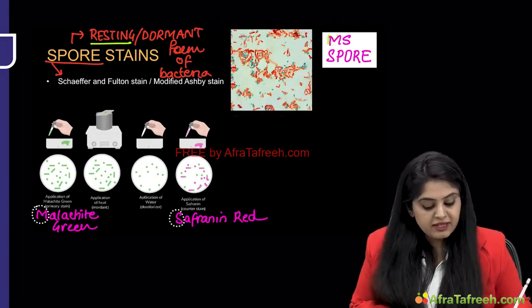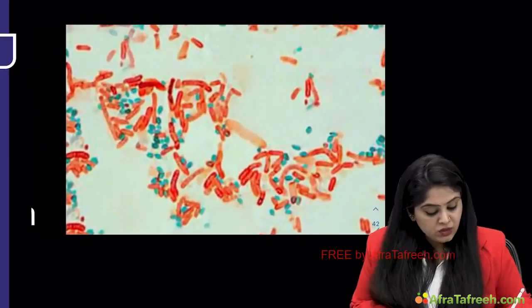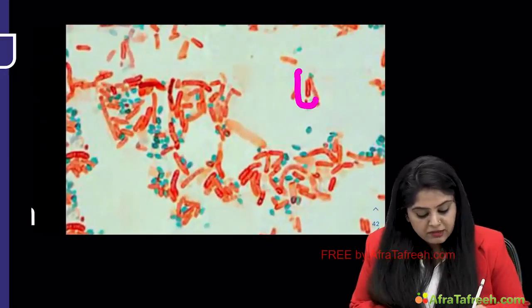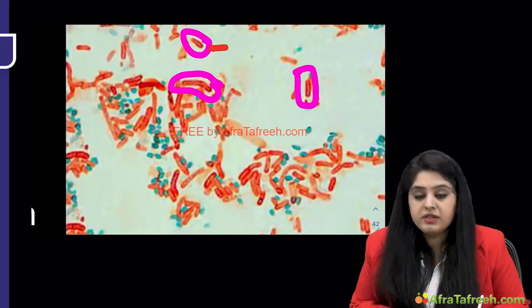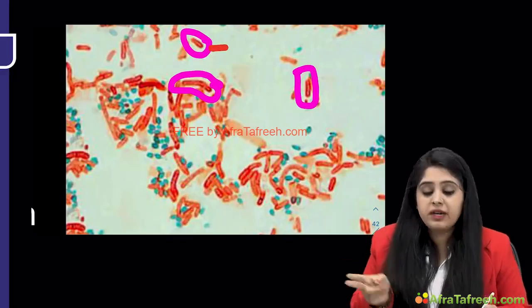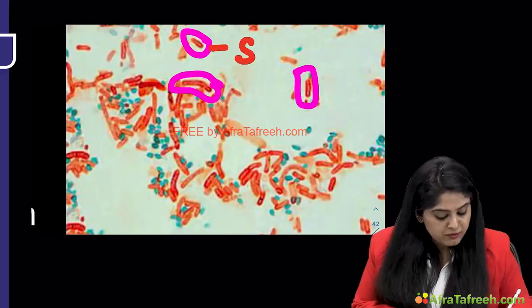Now, having said that, please look into this picture carefully. Can you all see how the organism has come out to be red? Whatever bacteria we had has come out to be red. Why is it coming out to be red? Because I have used safranin red for this. And what is the spore? Figure out the spore.